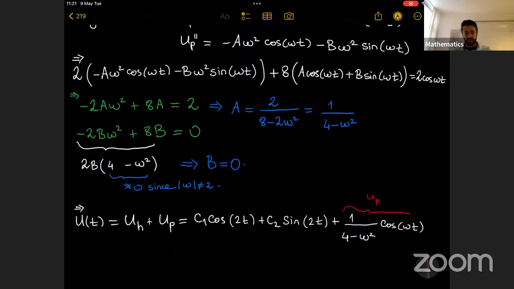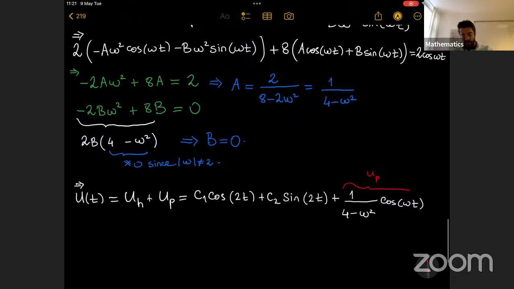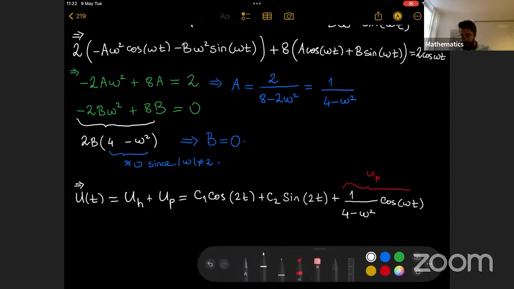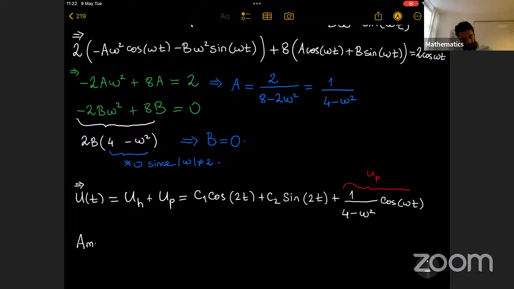And the general solution is given by the sum. And what you realize here is, let us look at the amplitude of this solution. The amplitude is basically the difference between the highest and lowest points, half of it.